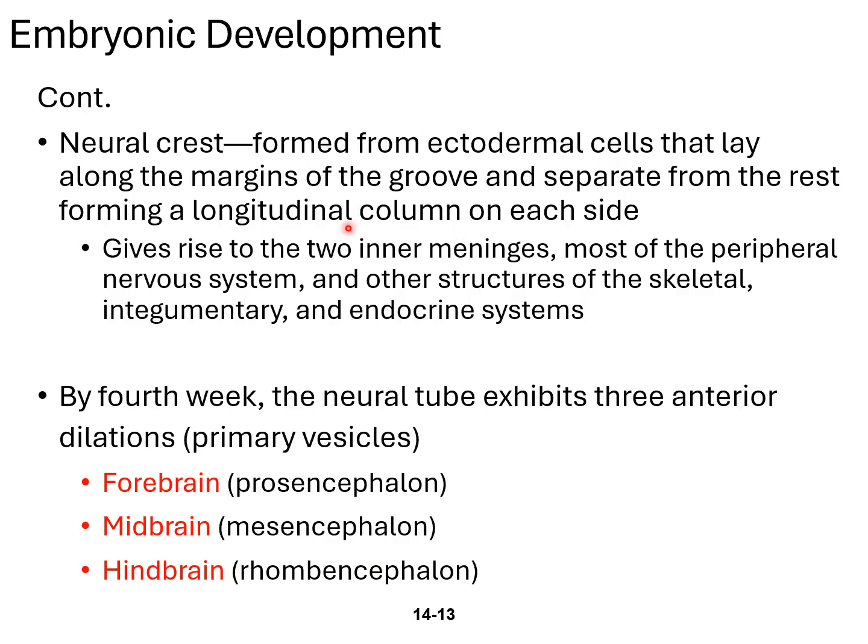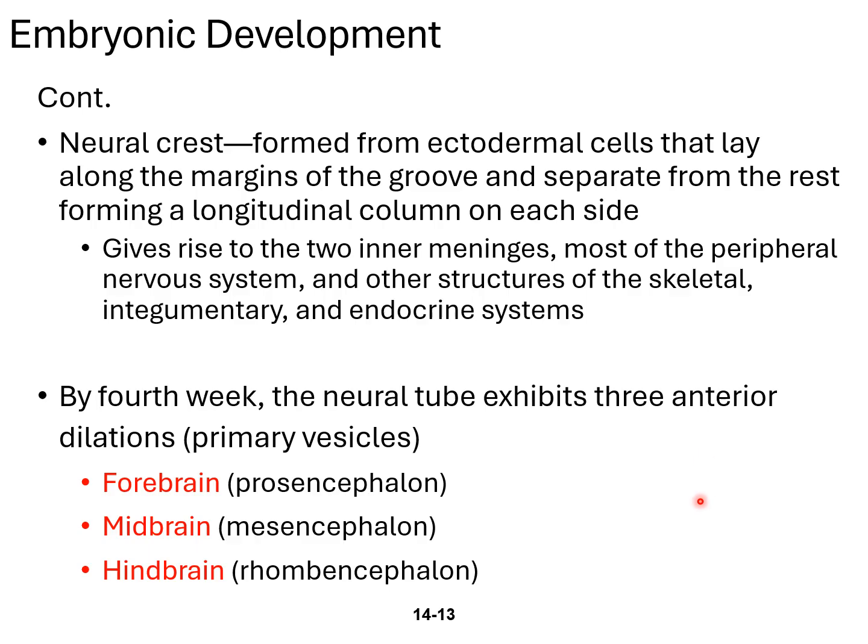We're not really going to look at it, but the neural tube is going to have three different parts. Forebrain, the prosencephalon, midbrain, mesencephalon, hindbrain, rhombencephalon. Make a note card, because these are the beginning of all these awful names and what you need to know. By the fourth week, you start to have a couple different bulges, and then at the end of the bulges, you have a long tube.